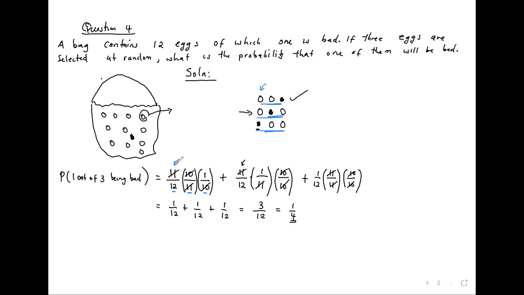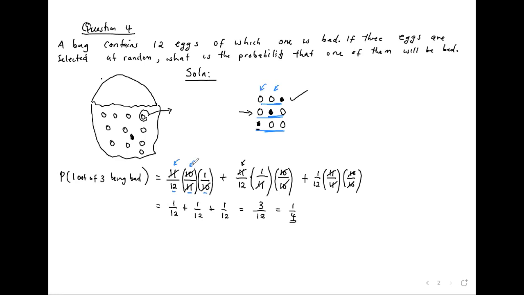If you go back and get one which is not bad again, you won't find 11 anymore because 1 is out. You find 10 which are not bad. And the total of those eggs will now be 11 because 1 has already been taken out. That's why we have the 10 here.